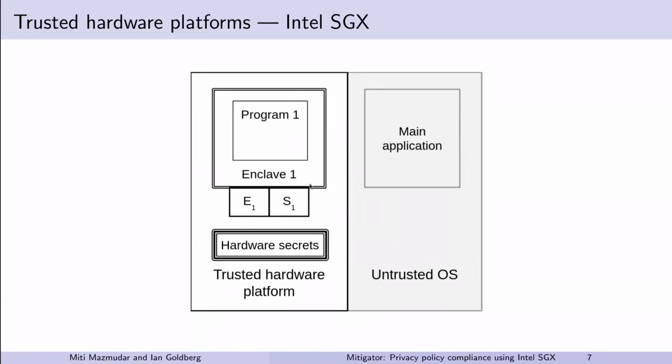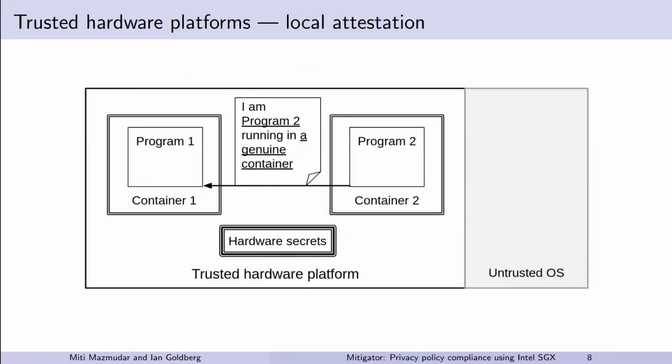The enclaves are signed by the enclave developers. The enclave measurement E1 is a hash of the enclave binary. The signer measurement S1 is a hash of the verification key corresponding to the enclave signing key. Local attestation is an important feature that we use in our design. Here we have Program 1 and Program 2 being run in different containers.